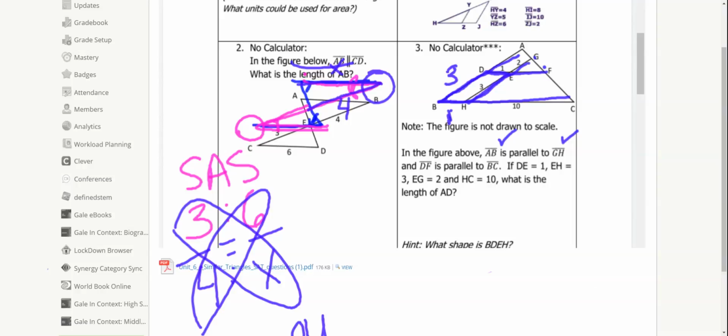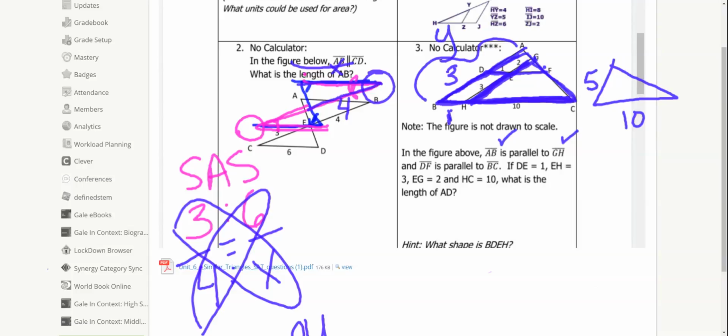So I've got one triangle here, the GHC triangle. From G to H is 5. That whole thing is 5, and this whole thing is 10. And then I've got this giant triangle, this ABC triangle, where I'm going to make this length Y for a minute, because I don't know what it is. And I know I'm just looking for that piece of it.